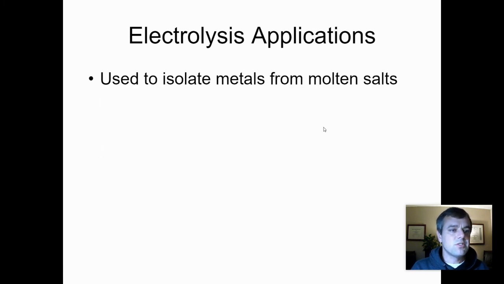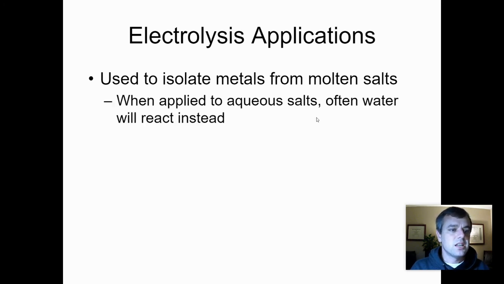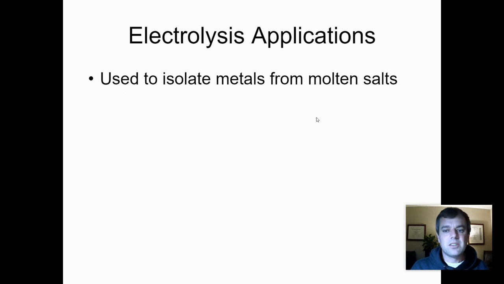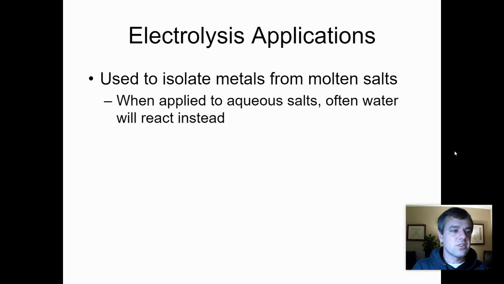But applications of electrolysis: it's used to isolate metals from molten salts. So if you want to produce sodium metal and chlorine gas, you can melt sodium chloride and apply electricity to it. That's in fact how most of these alkali metals were initially discovered, through hooking up a battery to some melted salts.